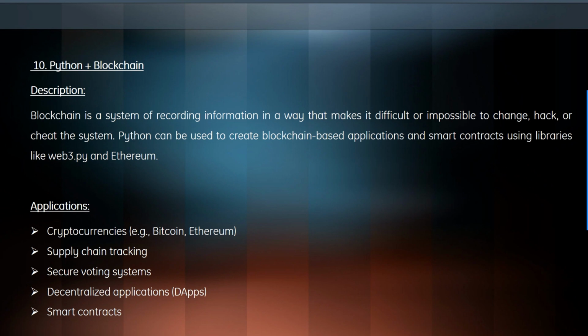Python can be used to create blockchain-based applications and smart contracts using libraries like web3.py and Ethereum. What are the applications here? We have cryptocurrencies, which include Bitcoin and Ethereum. We have supply chain tracking, secure voting systems, decentralized applications, and smart contracts.